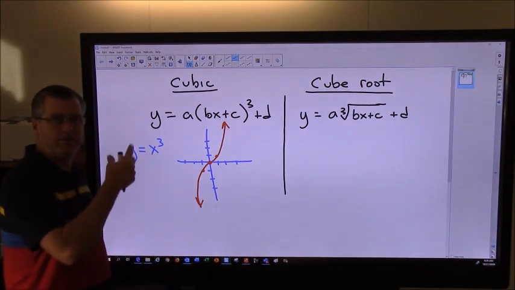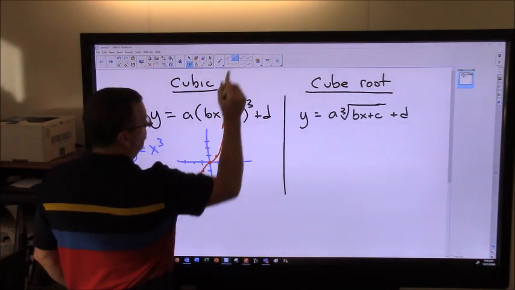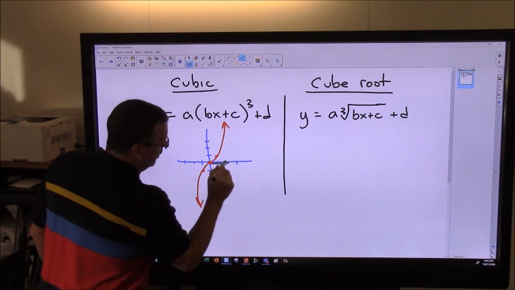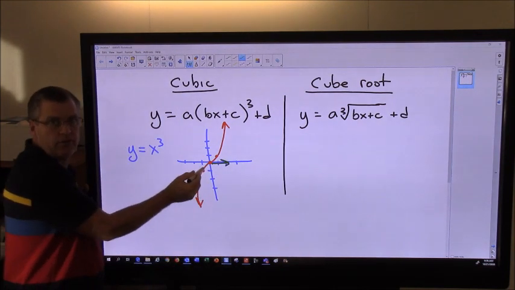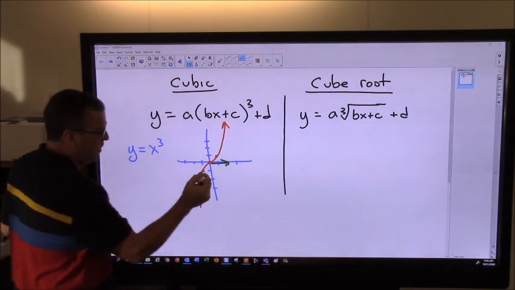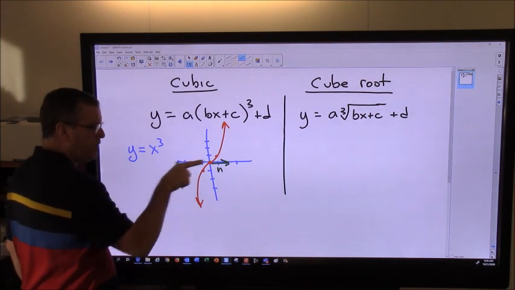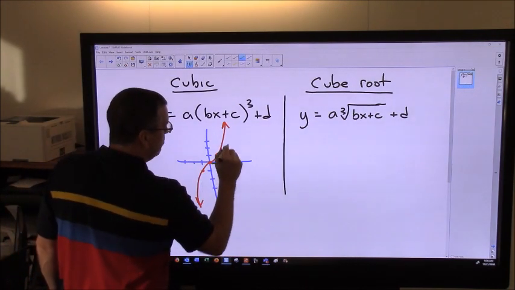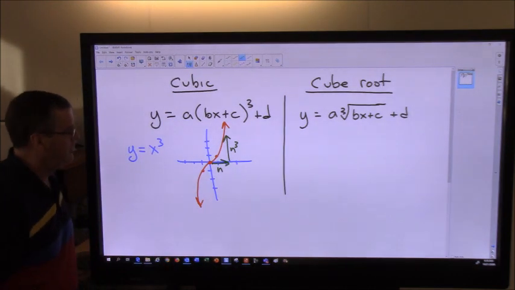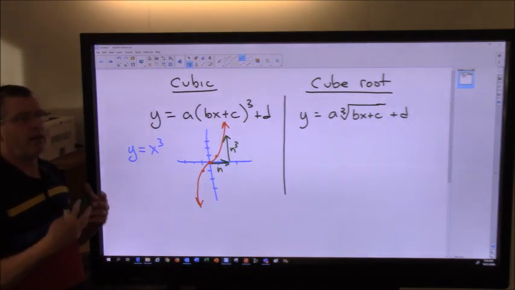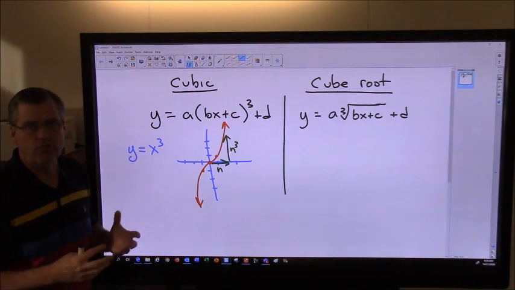And we've been developing these rules like what's normal. So what we see here is however far we go over in this direction from this key point right here, we'll talk about that in a second, for any number n, however many units I go this way, I have to go up n cubed. And if you think about it, we've always talked about how many times more or less than what's normal we are going to do.